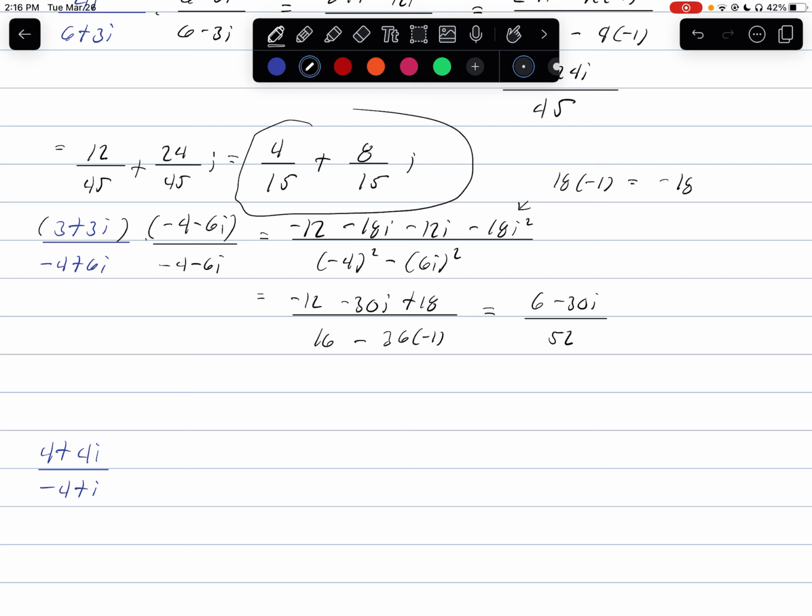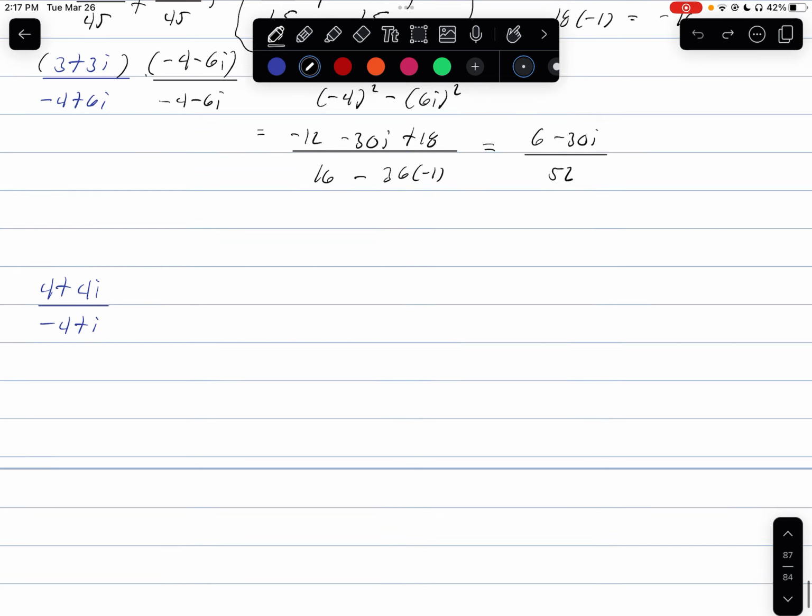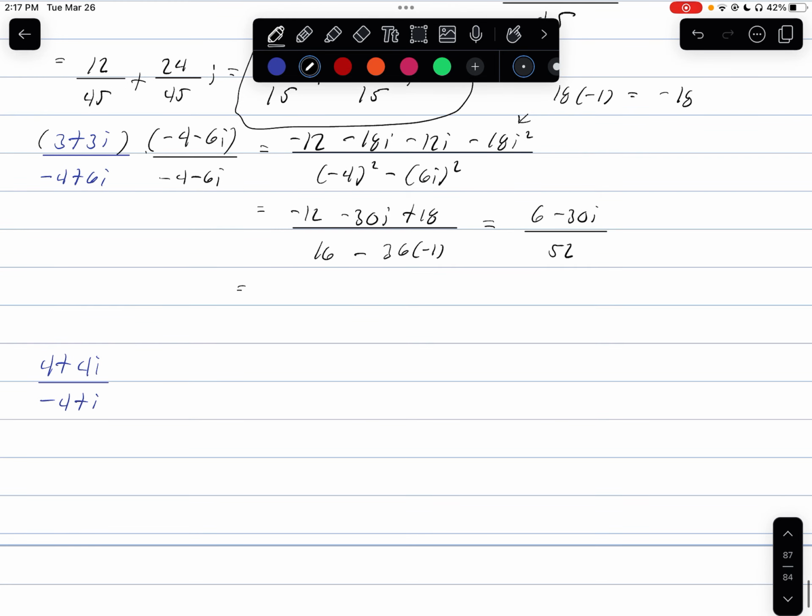Okay, so let's go ahead and spread this out. We can rewrite this as 6 over 52 minus 30i over 52. Okay, so we can simplify this just a little bit.